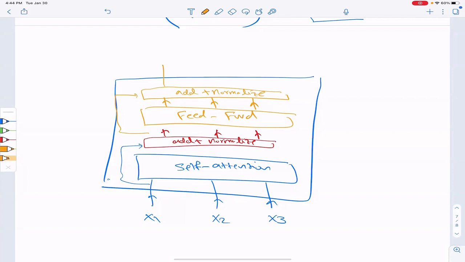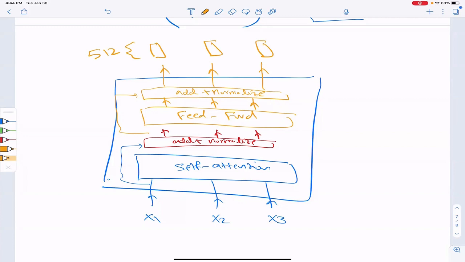And that is it. Your output, there are 3 vectors with 512 length. Encoding, hopefully encoding the information not only in that particular token, but also in this context.